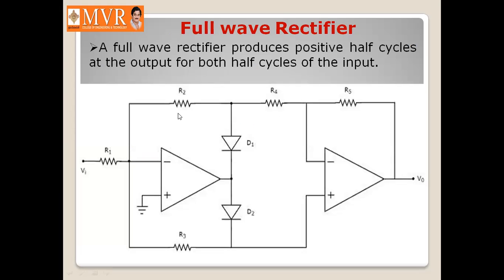Why have we written minus R2 by R1? Because the feedback resistor for this operational amplifier is nothing but R2, and the series resistor is nothing but R1. We know that the gain is equal to minus RF by R1. So in place of RF here we have R2, and in place of R1 we have R1.